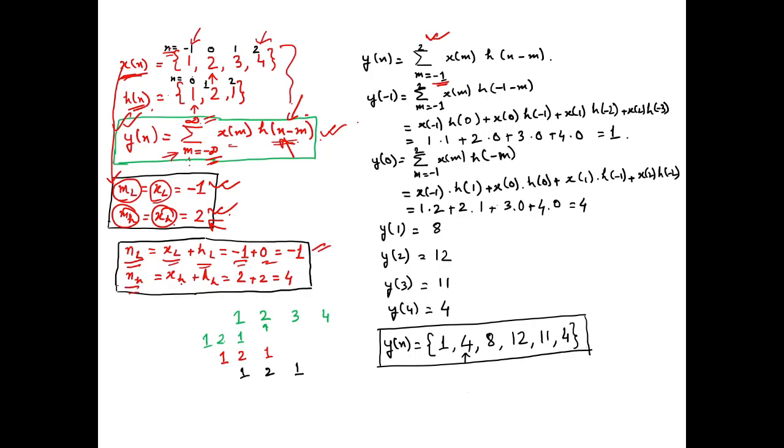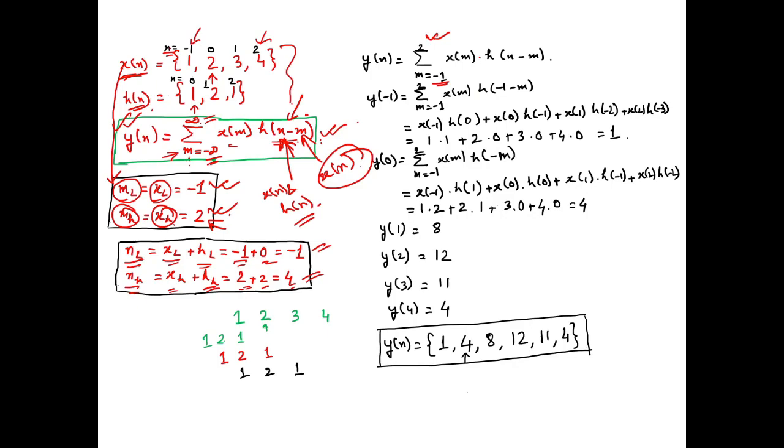The higher limit nH is x of H plus h of H. It is 2 plus 2, 4. Okay. The m value will be calculated only from x[n], and the n value will be calculated from both x[n] and h[n]. Am I clear?